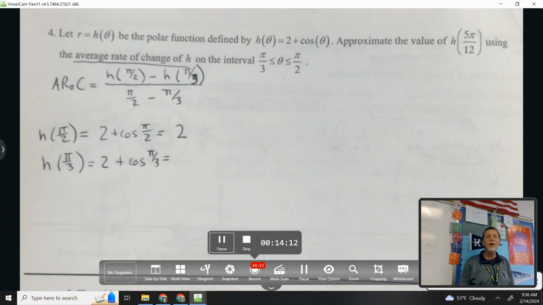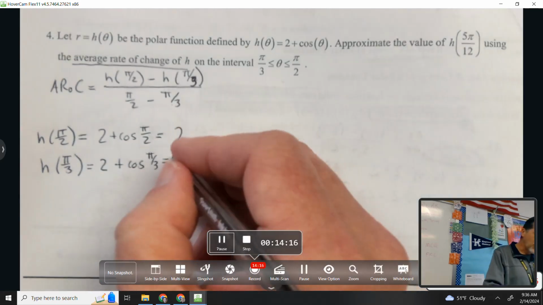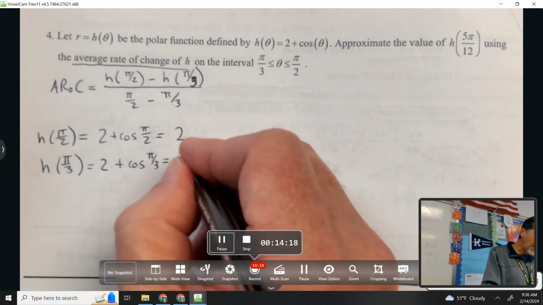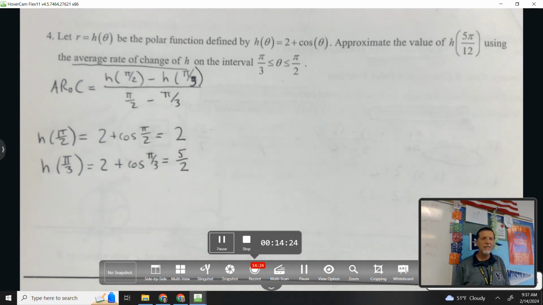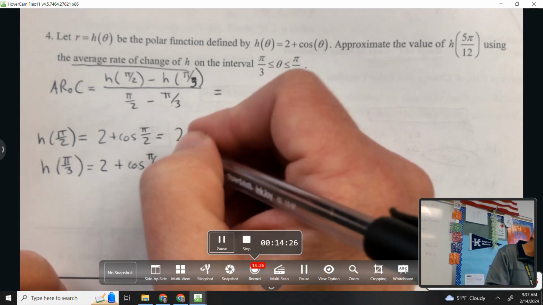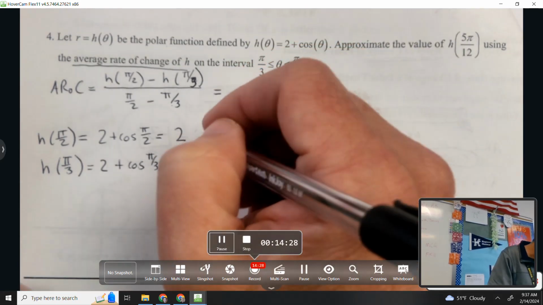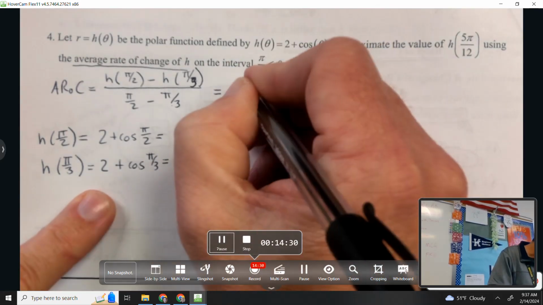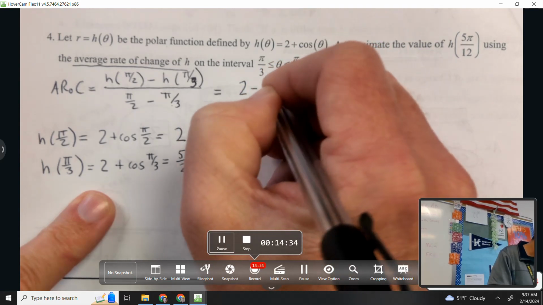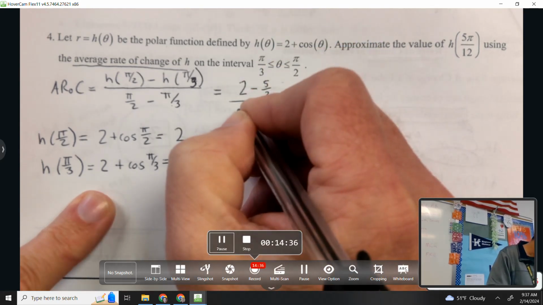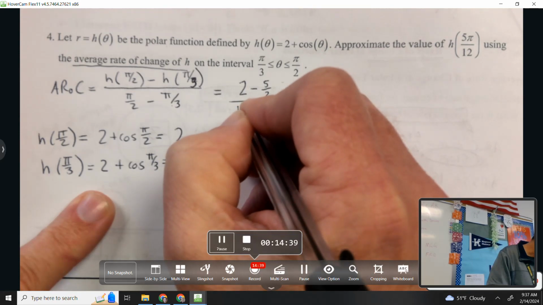That's not awful, but it's not as nice as 2. It's 2.5, or you can go 5 halves, either way. At least there weren't any square roots in there, so it's not as bad as it could have been. So 2 minus 5 halves over pi over 2 minus pi over 3.